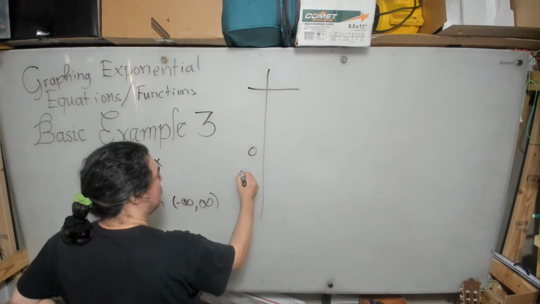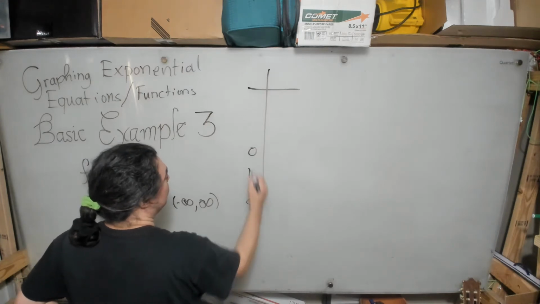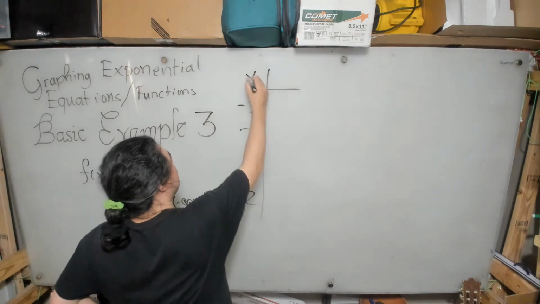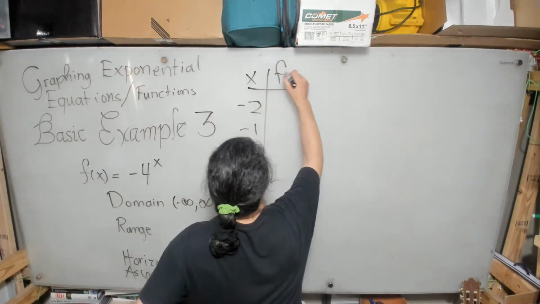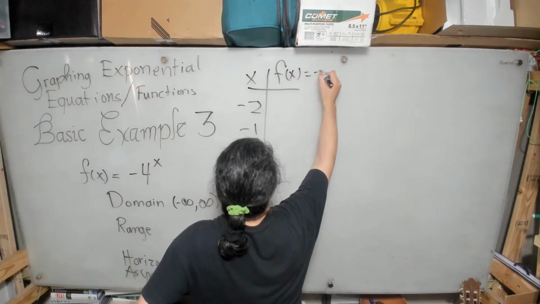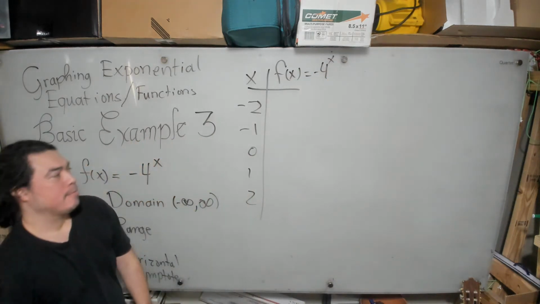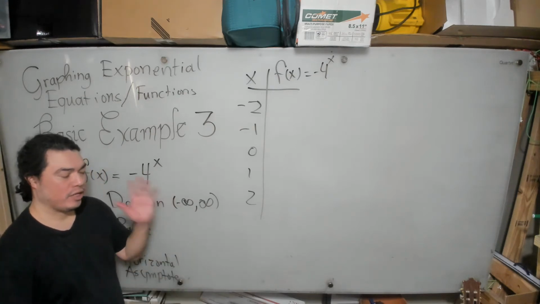So let's do that together. 0, 1, 2, negative 1, negative 2 as my x's, and as my f of x's. Now, by the way, I want to make a point here that's very important.